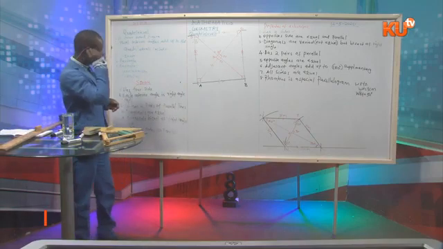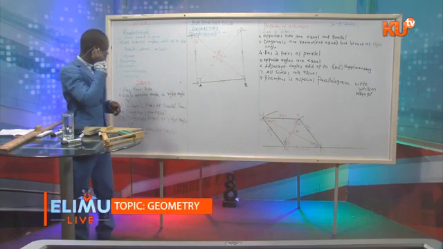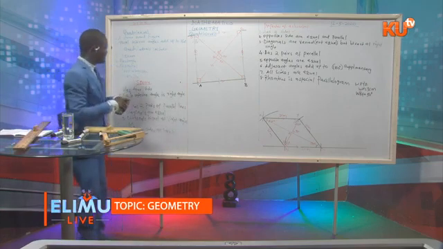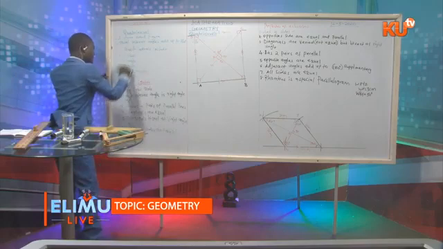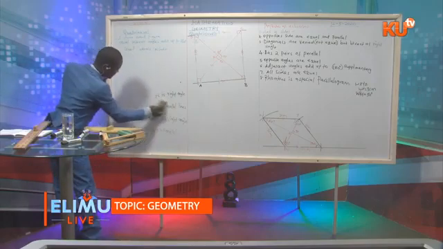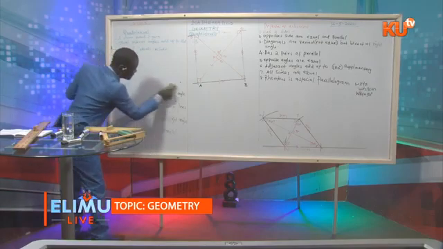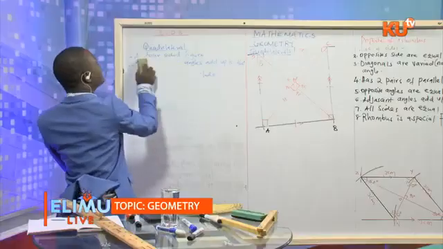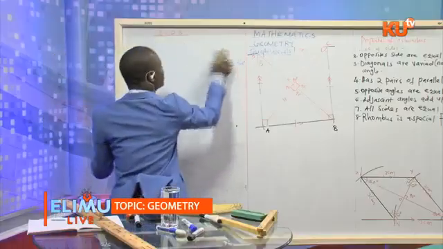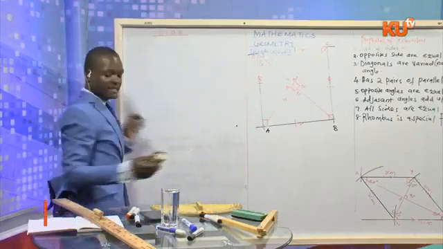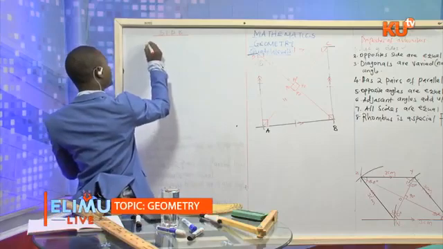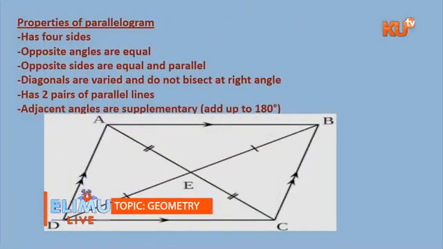I want to take you through another quadrilateral, that is parallelogram. One of the properties of a parallelogram is that it has 4 sides.